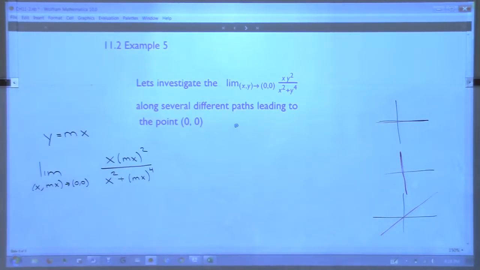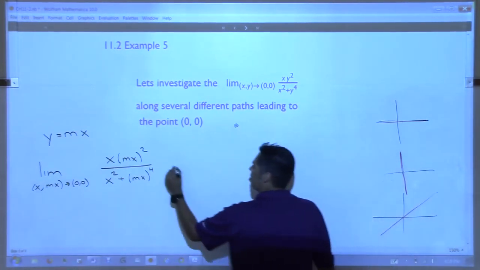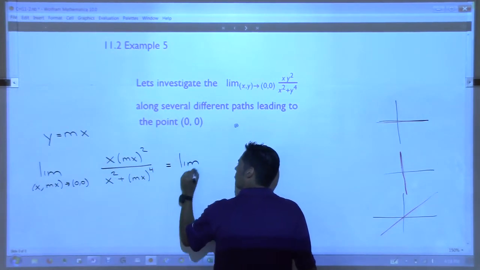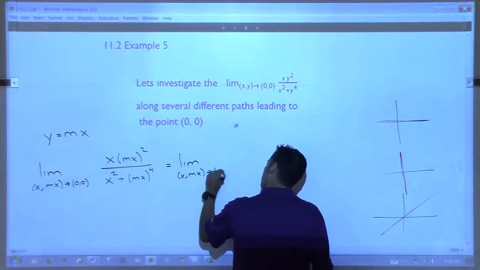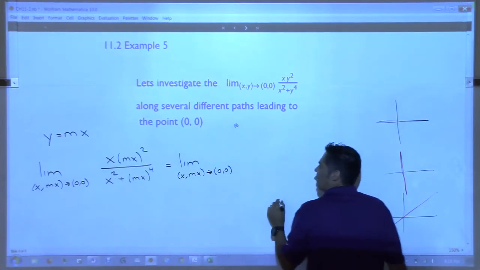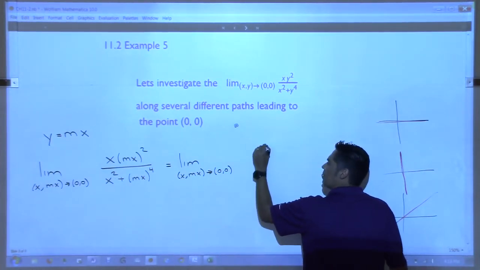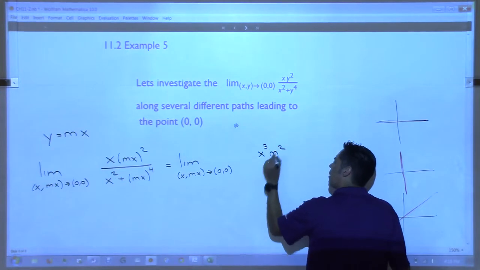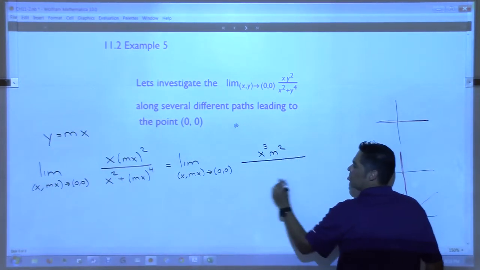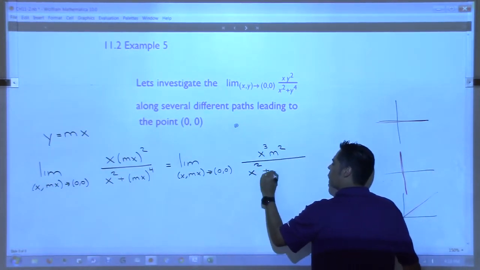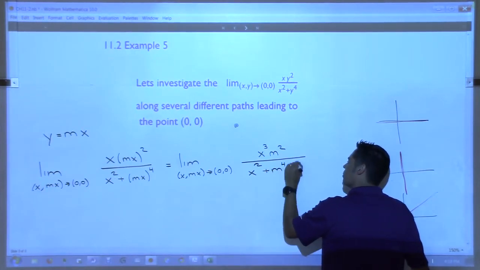Understand? Okay, let's clean this up. Limit as (x, mx) goes to (0, 0). Up top we have x to the 3rd m squared, over x squared plus m to the 4th x to the 4th.